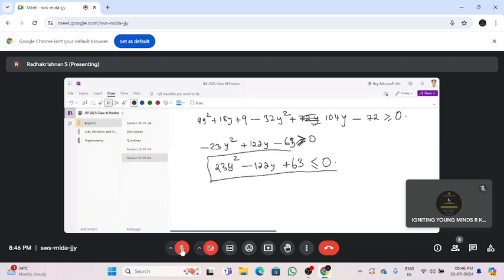So let us factorize this. y equals minus b plus or minus root of b square minus 4ac.